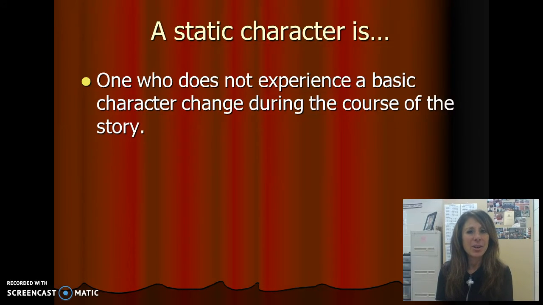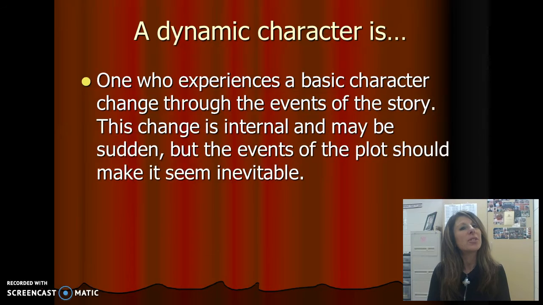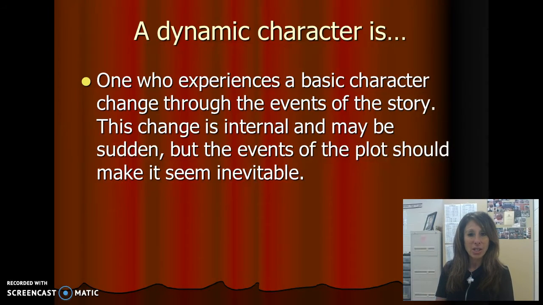They're a static character and they never alter. They never change. If a character does change, however, then they're dynamic. If a character experiences things throughout the story that cause them to change, go from being very evil, very mean, very vindictive, to being sympathetic or empathetic and sweet and kind and considerate, then that character is dynamic. The events that happened to them changed them.